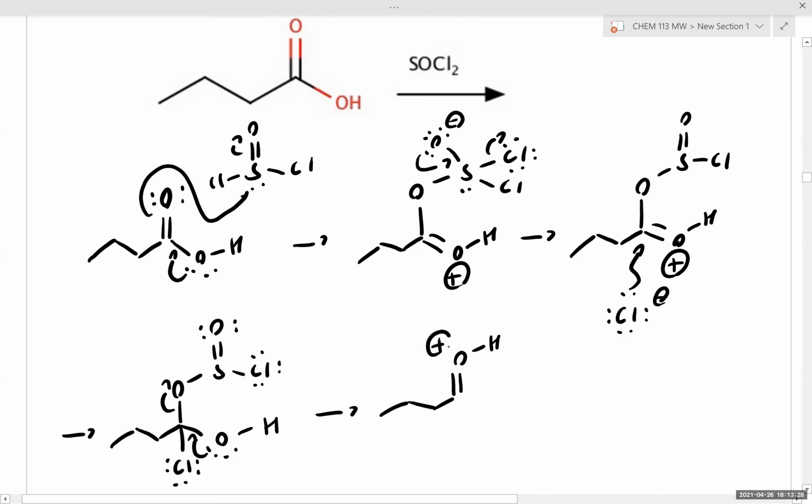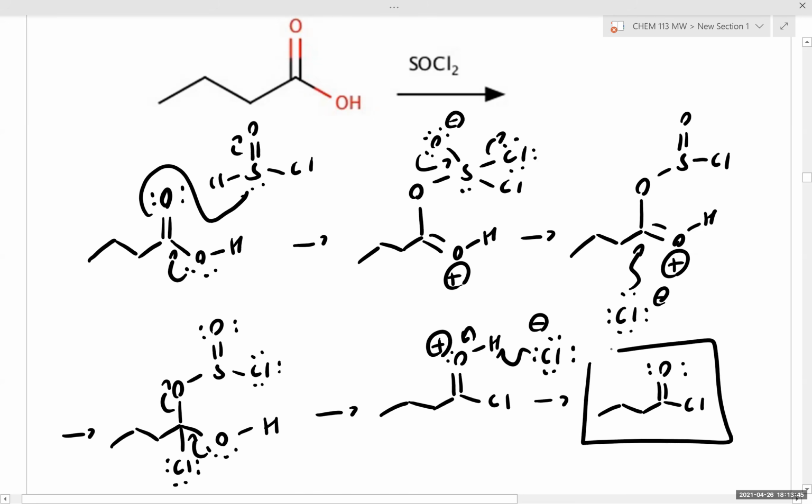This gives us our desired acyl chloride, which can be isolated after a cleanup deprotonation step. The student proposed mechanism was completely reasonable.